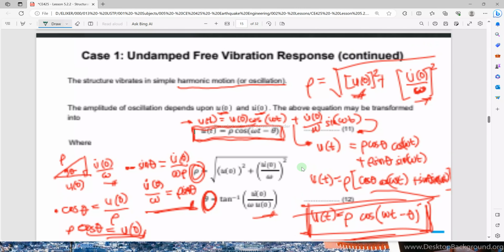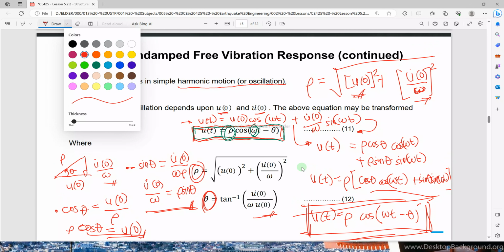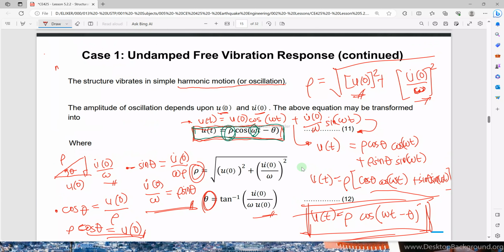So the basic concept is, don't forget the equation of motion: mass times acceleration plus c times velocity plus k u of t equal to 0, and then we apply the actual equation to the structure, and we apply those concepts to the cyclic or harmonic oscillations.